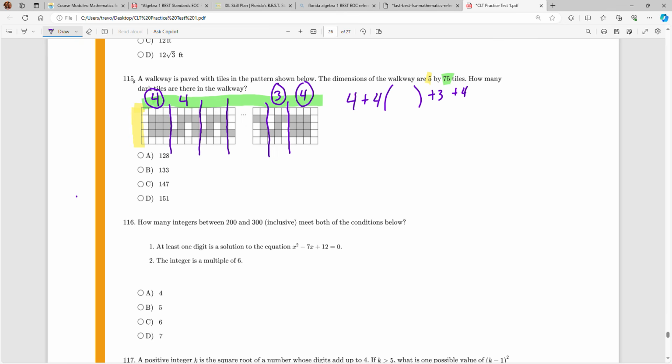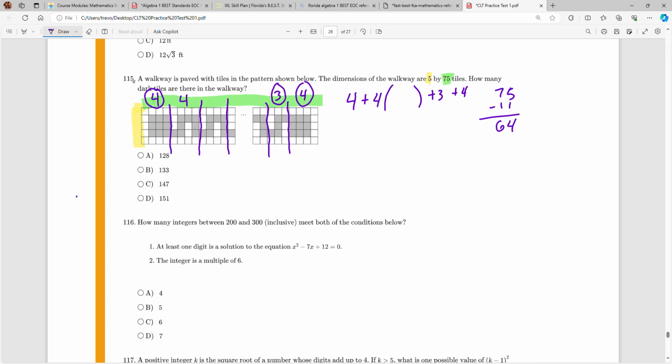Okay, so this has to add to 75. I know 4 and 4 is 8, and 3 is 11. So 75 minus 11, I have 64.